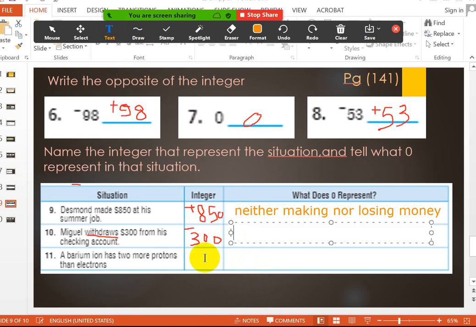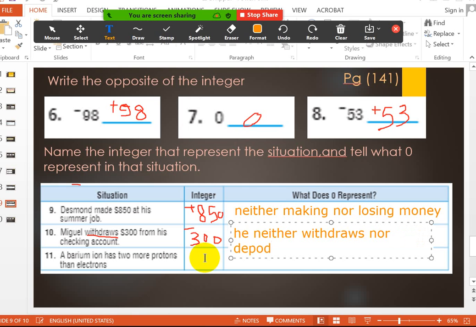Withdraw is the opposite of deposit. Okay? That means he neither withdrew nor deposited. There is no change also.